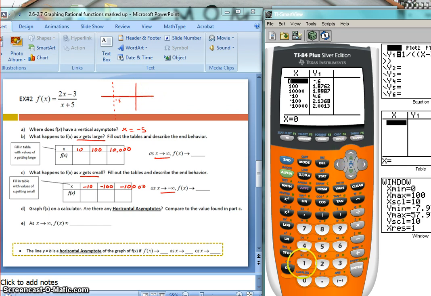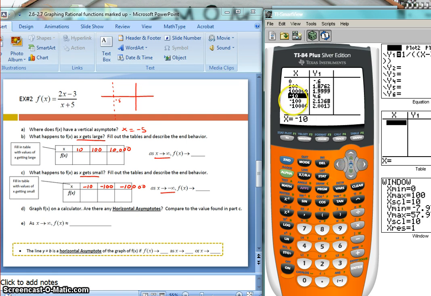And if I put in more values, what happens if I put in a number with 5 zeros? You can see that the number is still getting closer and closer to 2, but it's not reaching 2, which means your graph is getting closer to 2, the numbers are all smaller than 2, but it's leveling off. That's what a horizontal asymptote is.